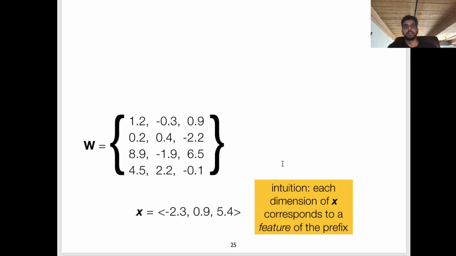Well, okay, sorry. First, let us look at the specifics of what each dimension in this vector corresponds to, and also we'll look at what the rows of this weight matrix intuitively mean. So you can interpret each dimension of this vector X as a different feature of the prefix. Remember, "students open there" in our example.